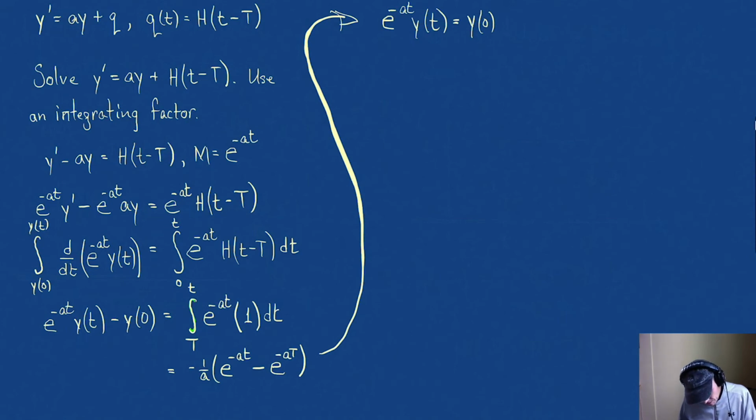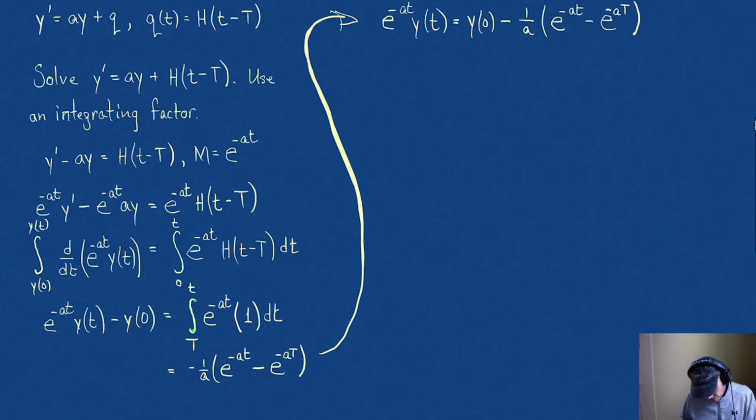Minus 1 over a times e to the minus at minus e to the minus a capital T, minus a. There we go.